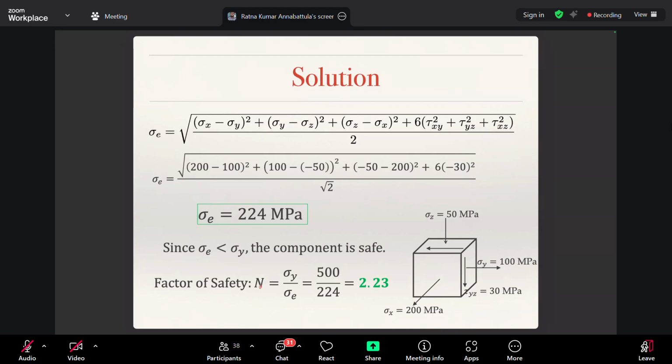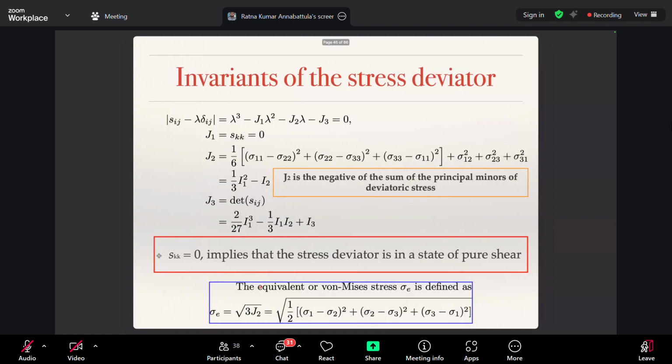Yes, sir, but the sign we need to change. Any specific reason for that? J2 is not the sum of the principal minors. The definition of J2 is the negative of the sum of the principal minors. Okay, got it, sir. J2 will always be negative, right, sir? J2 will become positive if you don't multiply with the negative. The definition of J2 itself is the negative of the sum of the principal minors.